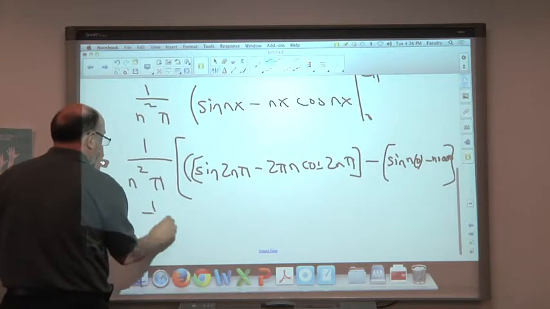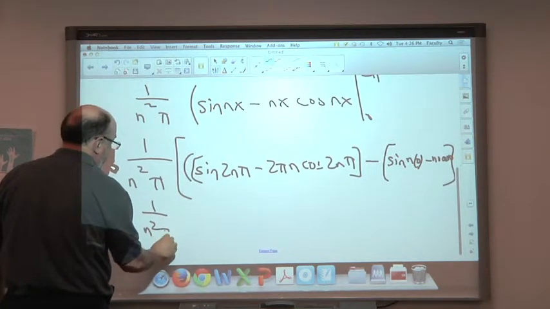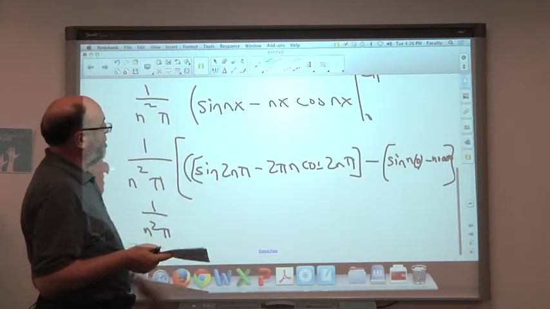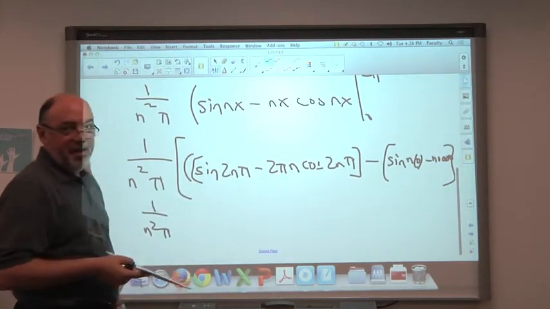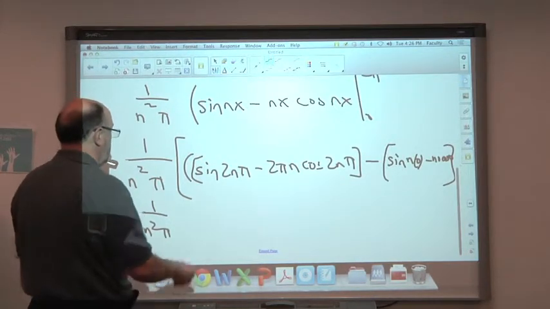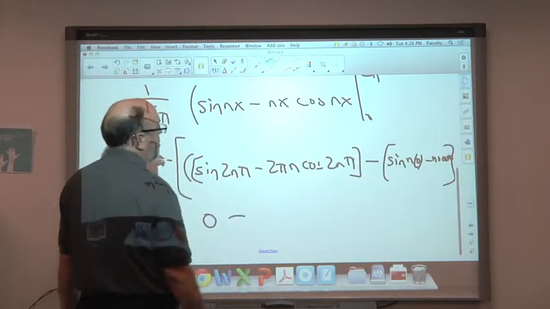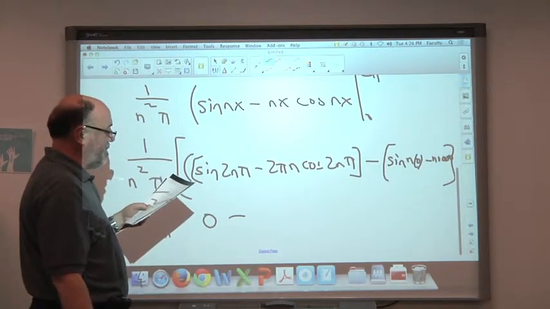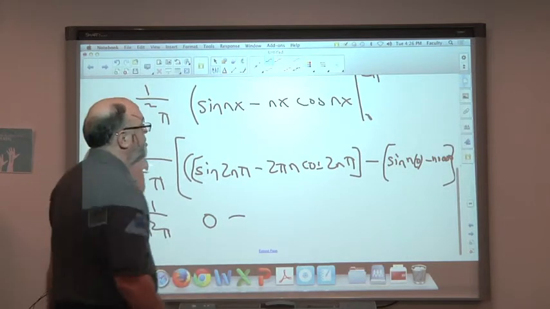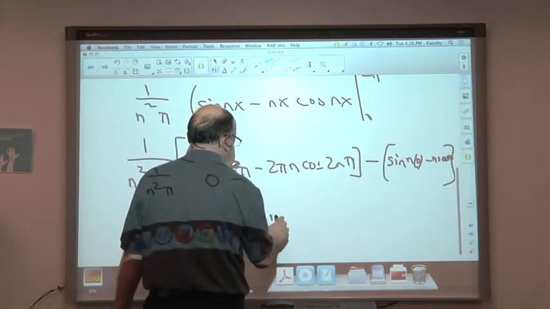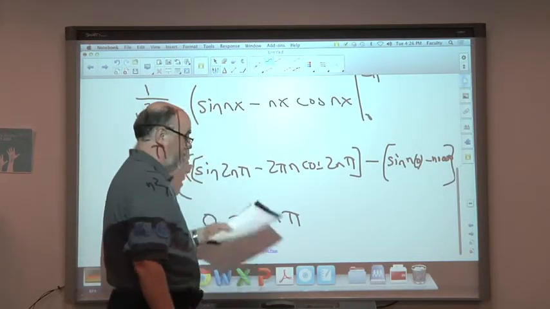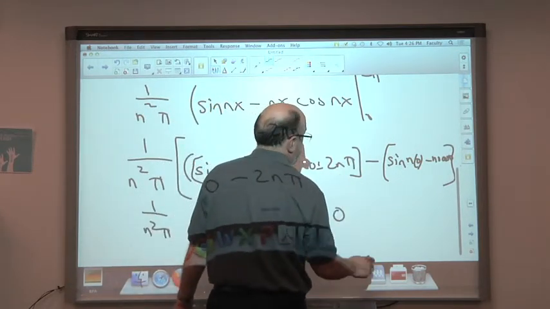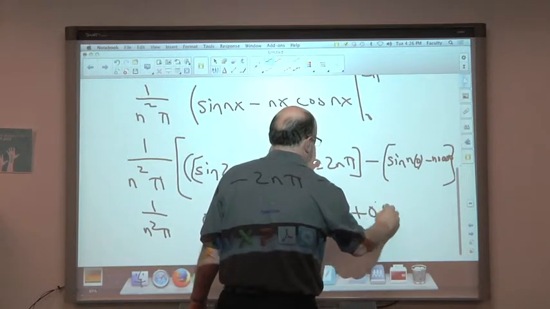So if I simplify this, sine of 2 pi is 0, any multiple of 2 pi will also be 0, so this part will be 0. In terms of my cosine, this is going to be 2n pi. And in terms of the back terms, this will be a 0 and another 0.